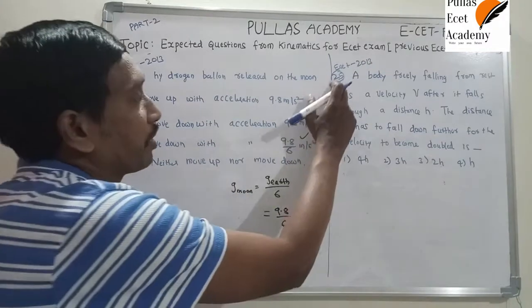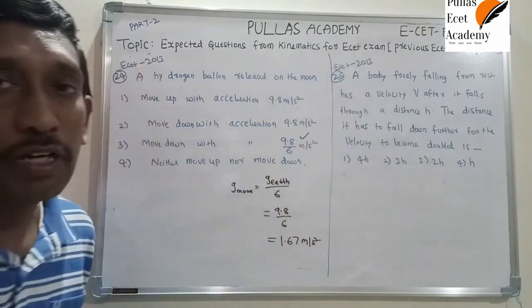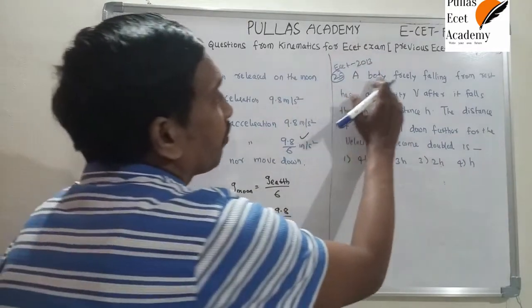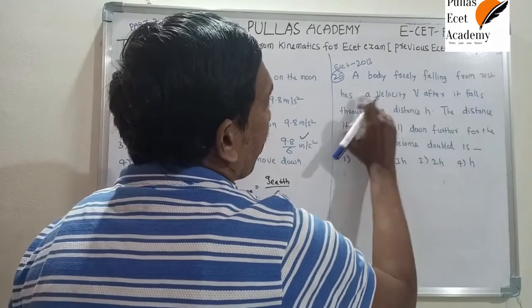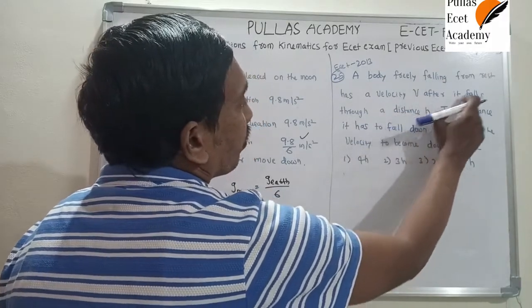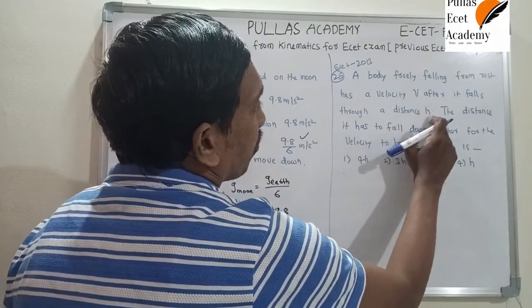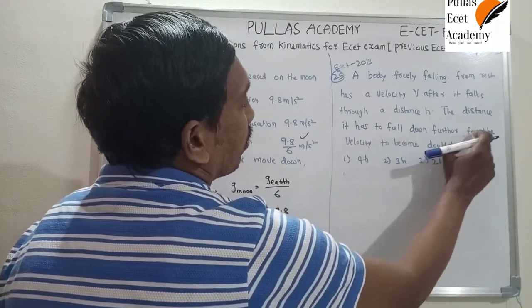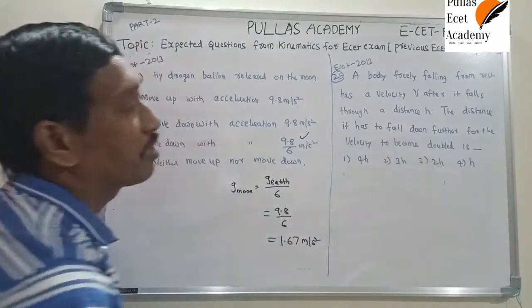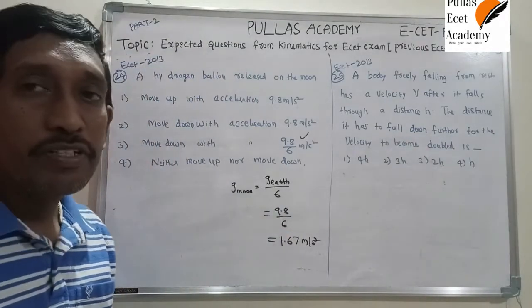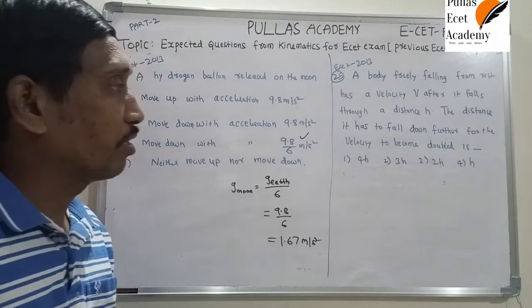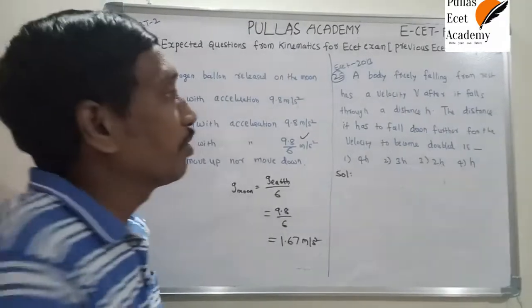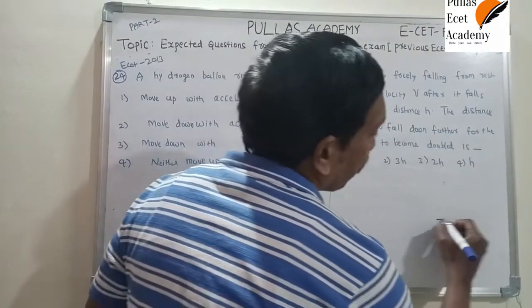Next question is repeated in Ecet 2013 paper. A body freely falling from rest has a velocity v after it falls through a distance small h. The distance it has to fall down further for the velocity to become doubled. So in this question it is a freely falling body model.